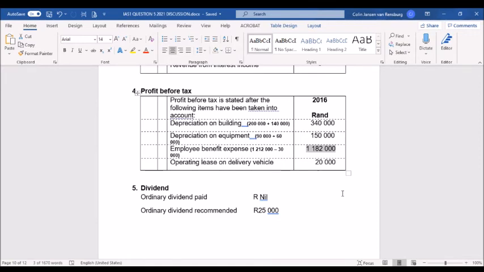Okay, and then the other one that I've mentioned a little bit earlier is the write down of inventory, because remember, you are not buying inventory to sell it below the cost. You are buying it to sell it at more than the cost in order to make a profit. So in the unusual circumstances where you experience a write down of inventory, where your inventory became redundant, or for some reason you cannot sell your inventory above the purchase price, then you have a write down.